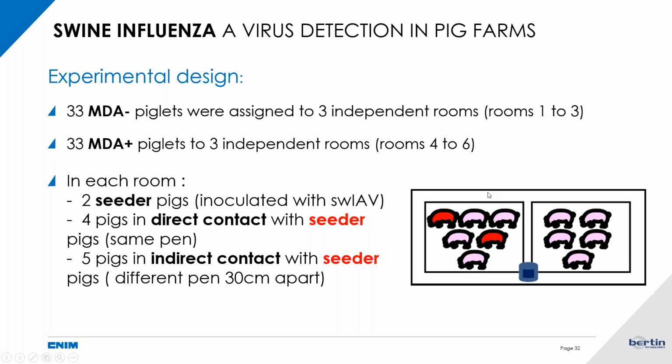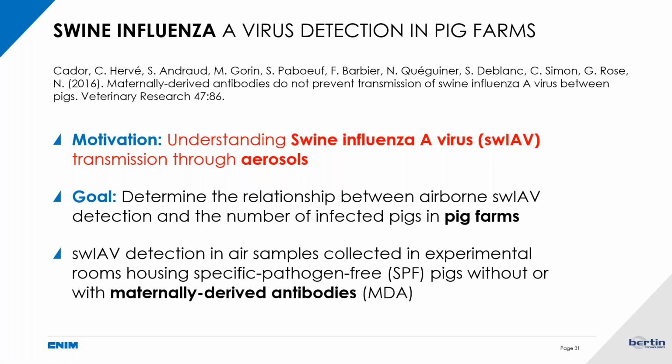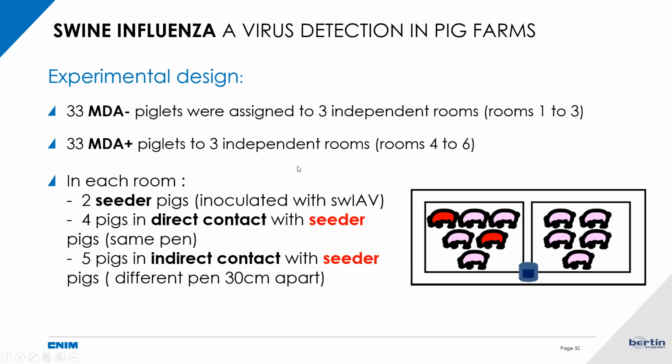For this, they designed an experiment where they used 33 piglets that were assigned to different rooms. Some of them had maternally derived antibodies. Some pigs were inoculated with virus, and they were put in contact with other pigs that were healthy, and they were separated by 30 centimeters from their pen.